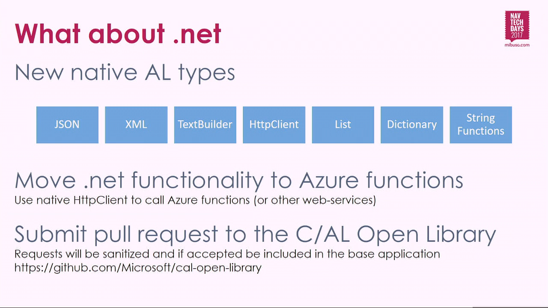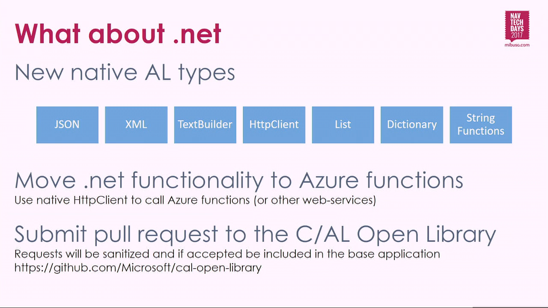That helps in all the 80% cases. So there's still some left. One of the solutions is to take those pieces of .NET code and move them into Azure functions where they can be sandboxed, and then use the JSON, XML, HTTP client in combination to actually invoke the methods over there.